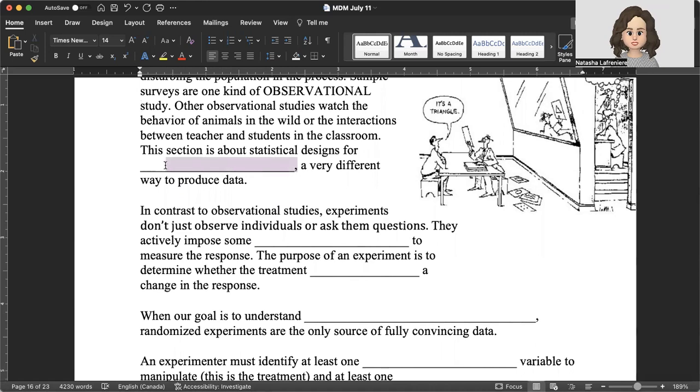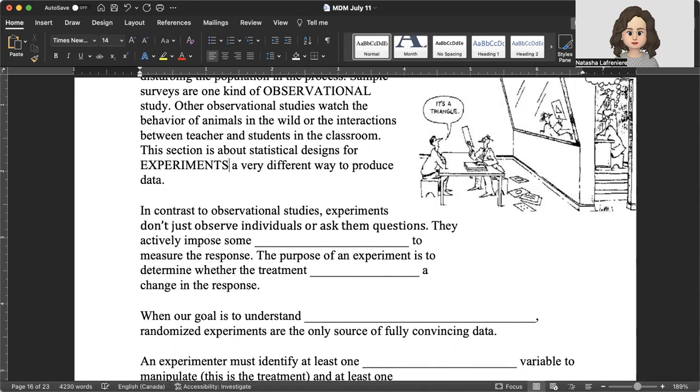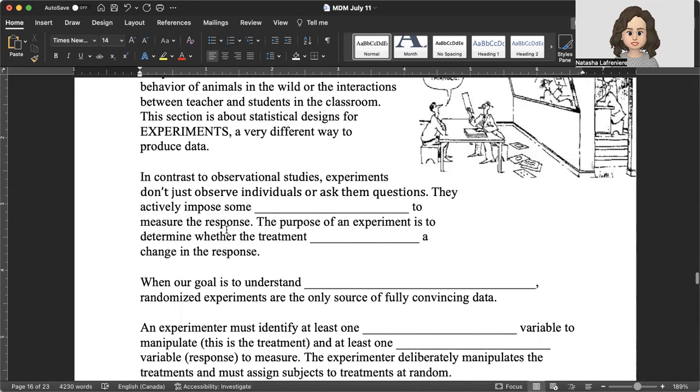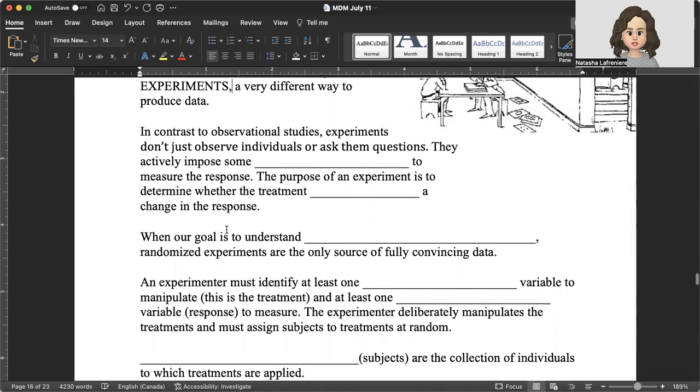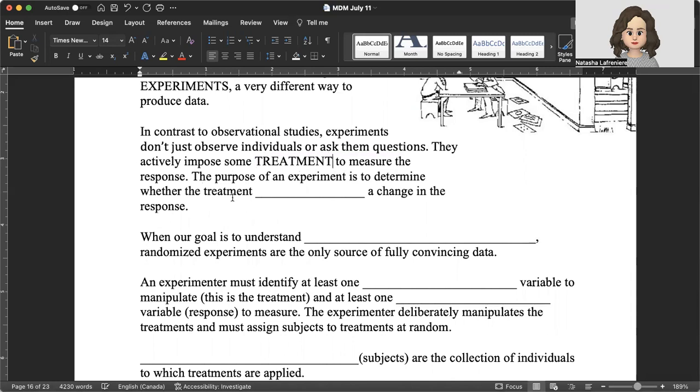This section is about statistical design for experiments, which is a very different way to produce data. In contrast to observational studies, experiments don't just observe individuals or ask them questions, they actively impose some treatment to measure the response.